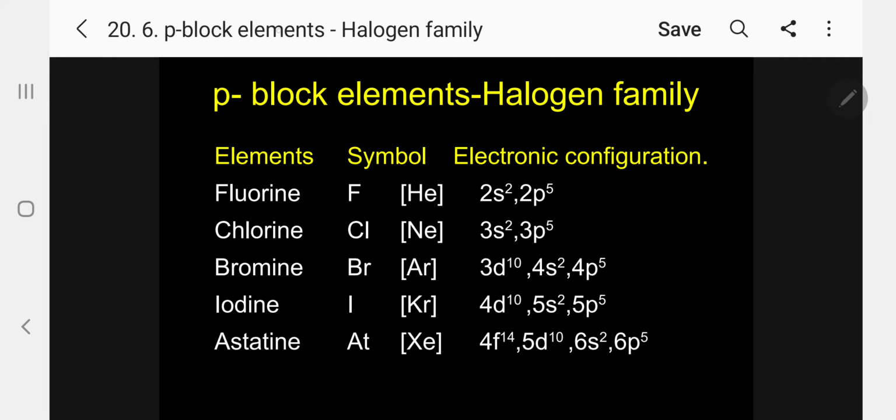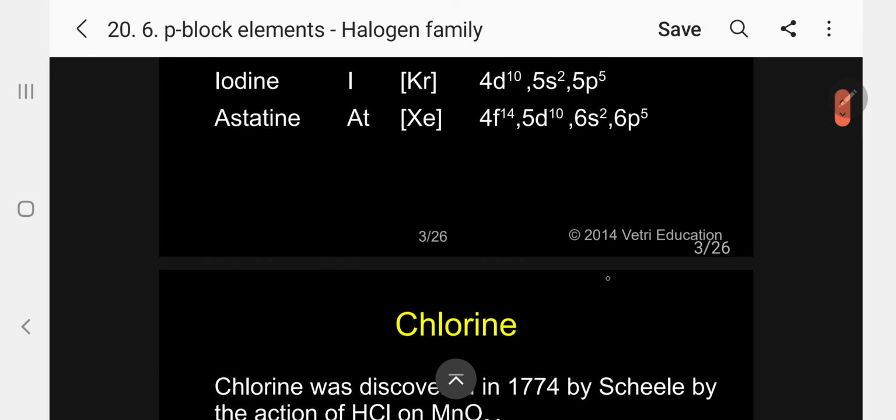This is the general electronic configuration. Why am I giving this always? Only these valence electrons decide the reactivity and the properties of the members.